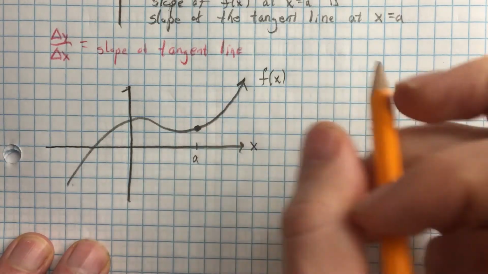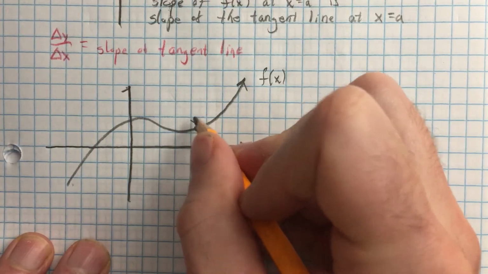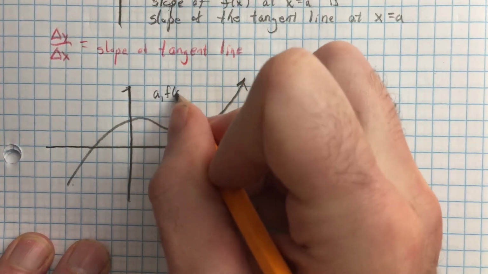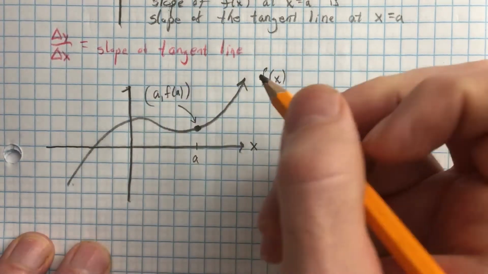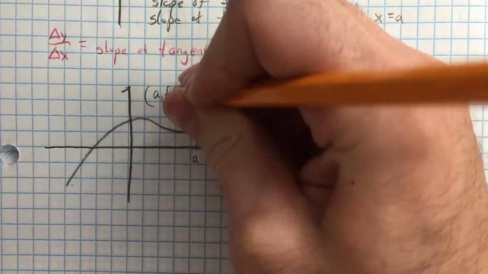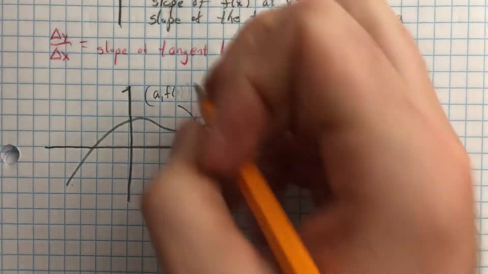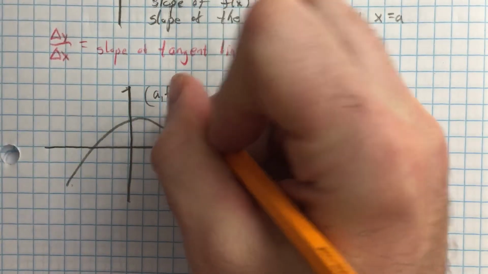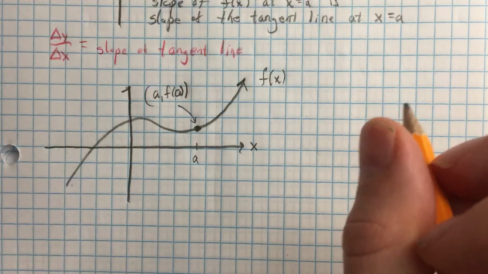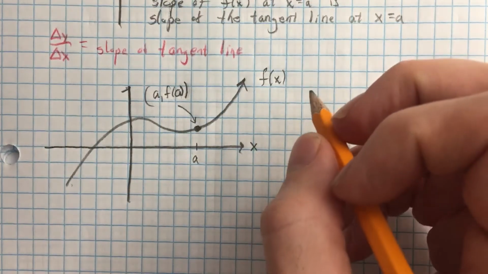I'm going to fill that in. And we said a second ago that this was a comma f of a. Let me just make that a little bit clearer. There. All right, a comma f of a.